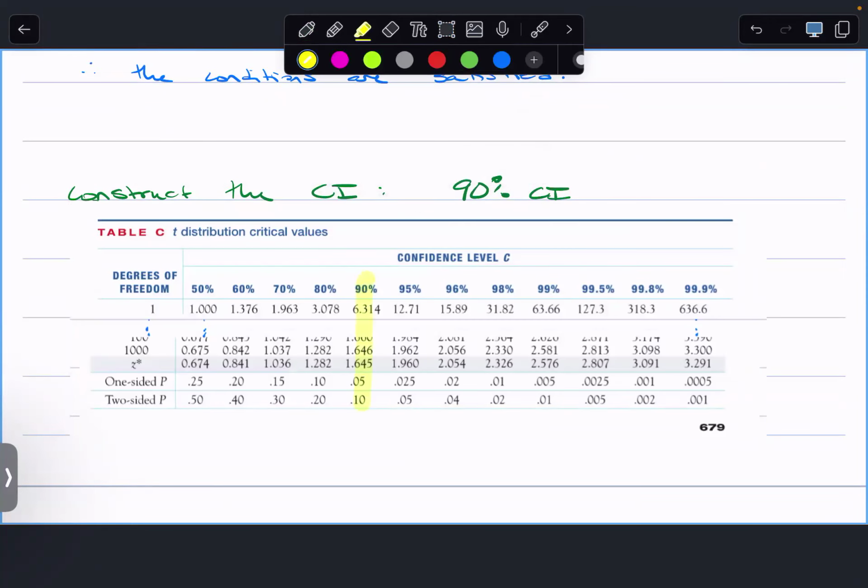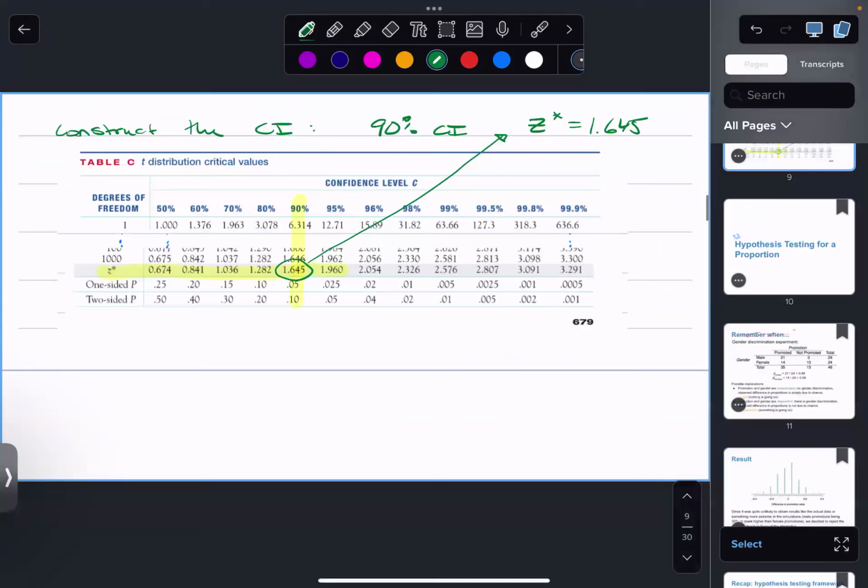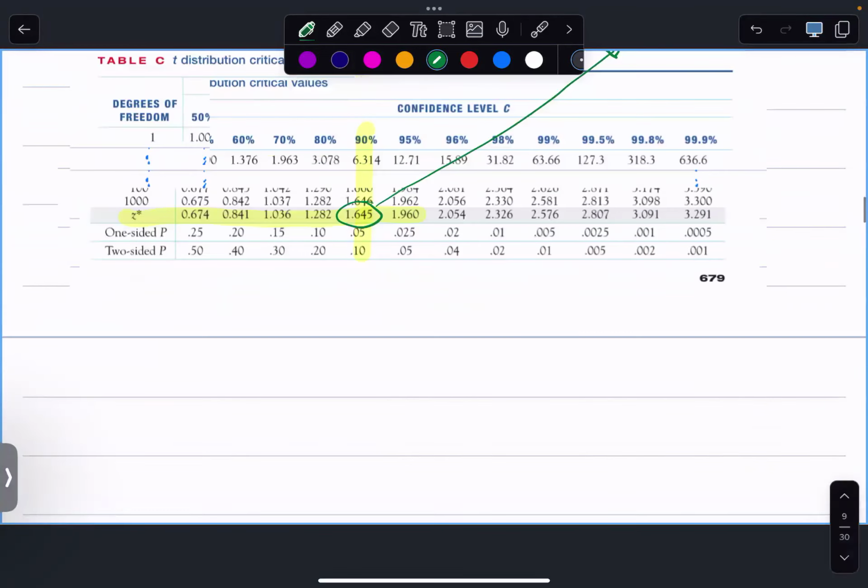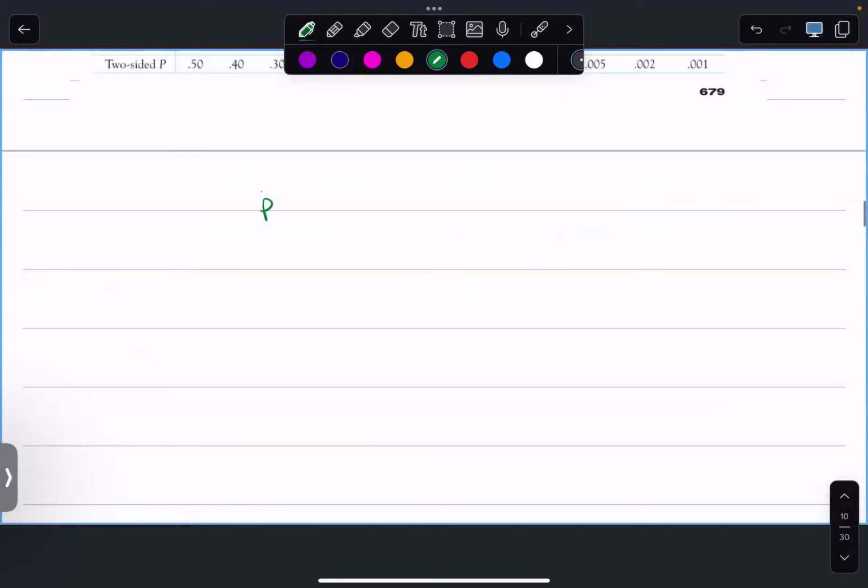From the table, Z star is 1.645. Okay. The confidence interval is p hat plus minus Z star times the square root of p hat q hat over n. I didn't do that very nice, did I?